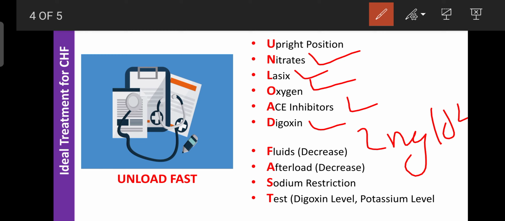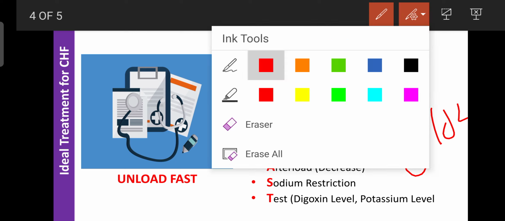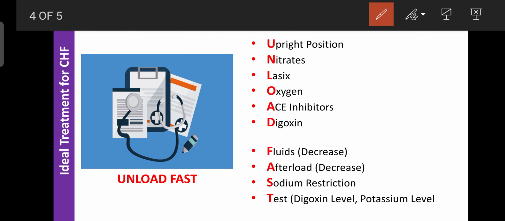Then, fluid intake can be decreased. For congestive heart failure, there is a control on the intake of fluid. The person should take about 1 to 2 liters per day only. Normally you are advised to take 5 liters per day for health.